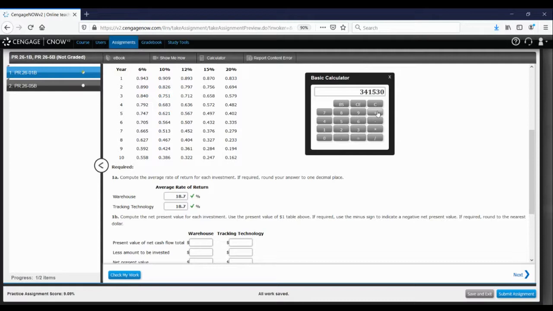And I'm going to add the present value for the fifth year, which was 34,790. And what that will give you is a total present value for the warehouse at 376,320.